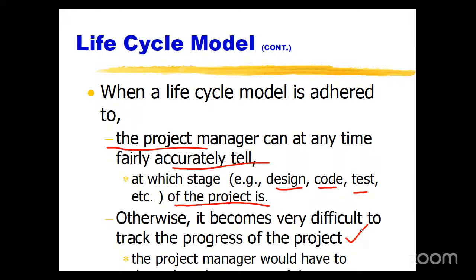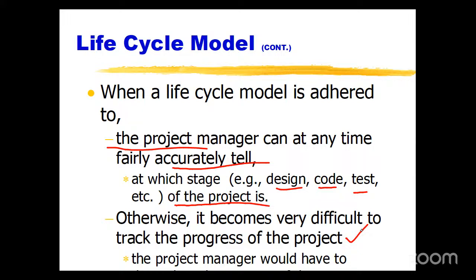So imagine there are no life cycle models, that is, no sequence of execution. Can you say what is the status of your project? If there are no life cycle models, can you say what is the status of the project?